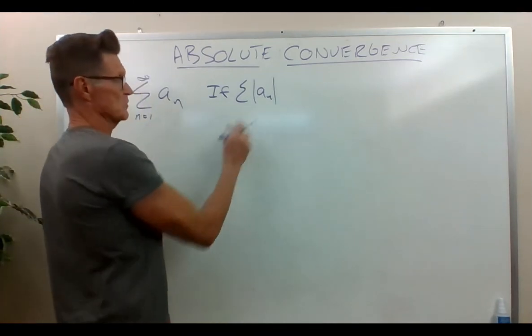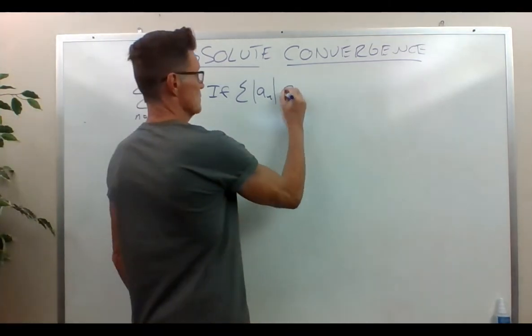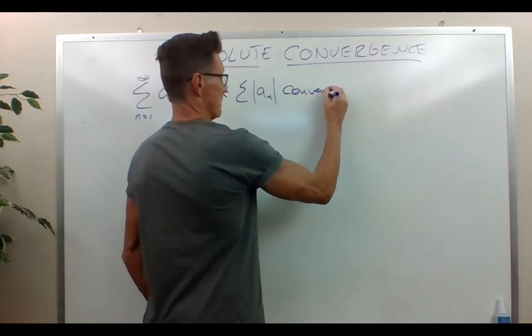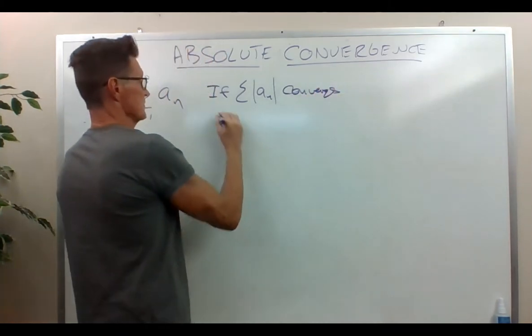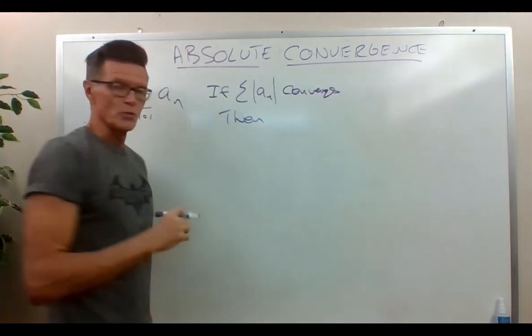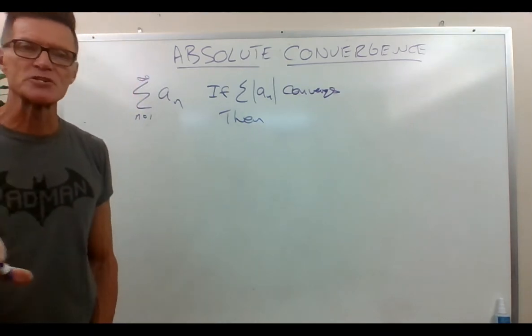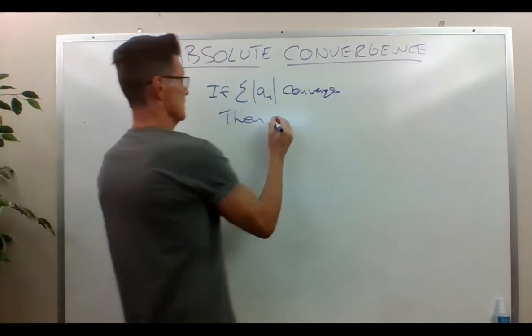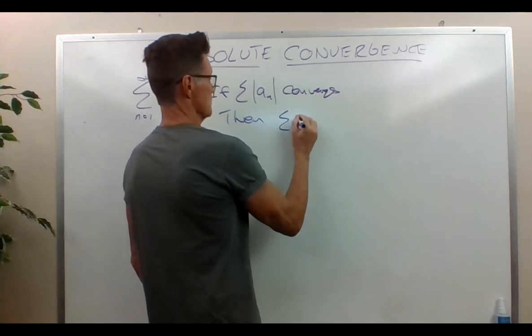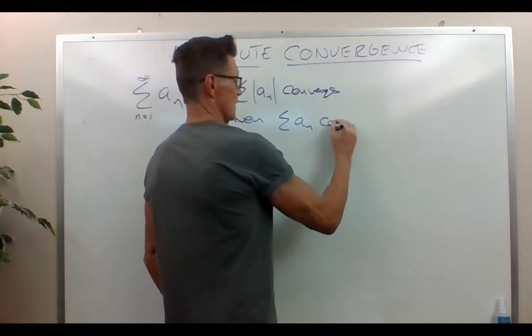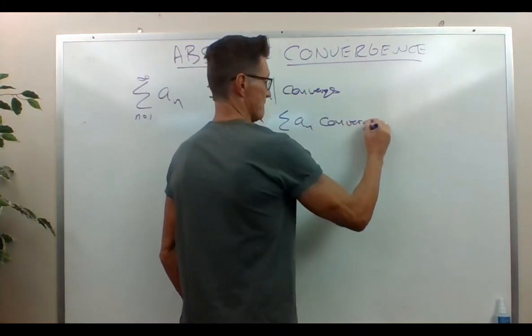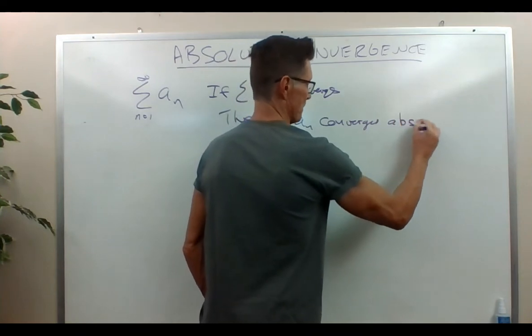If the absolute value of a sub n converges, then we say that the series a sub n converges absolutely.